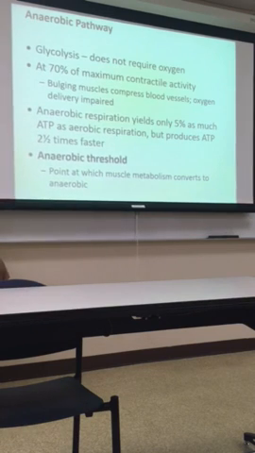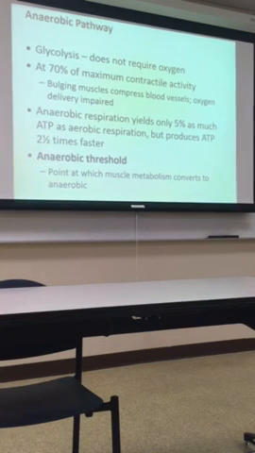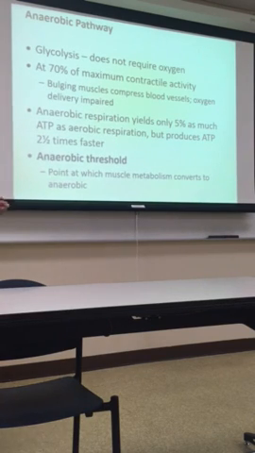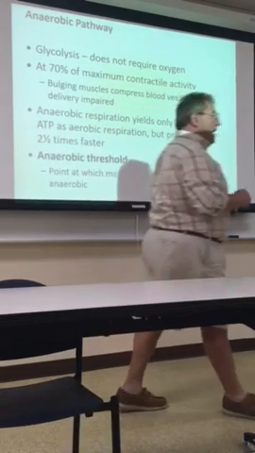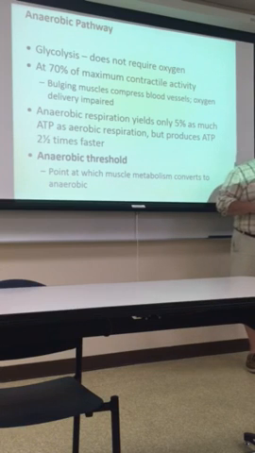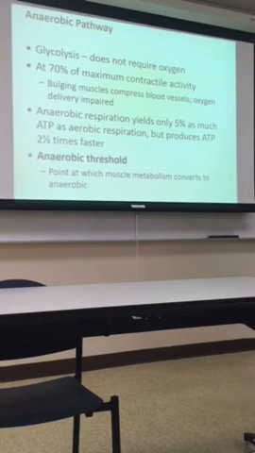Anaerobic respiration yields only 5% as much ATP as aerobic, but produces it faster, okay? I don't know about you, but if I find myself on the African savanna, and there's a lion there that looks hungry, okay? I need to make ATP as fast as I can so I can run to the nearest tree. And if I cannot make ATP long enough to reach the nearest tree, then I'm lion food.